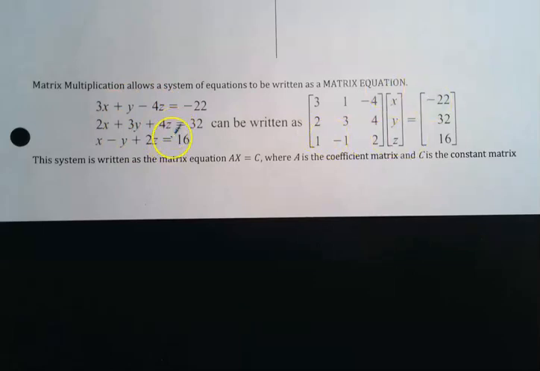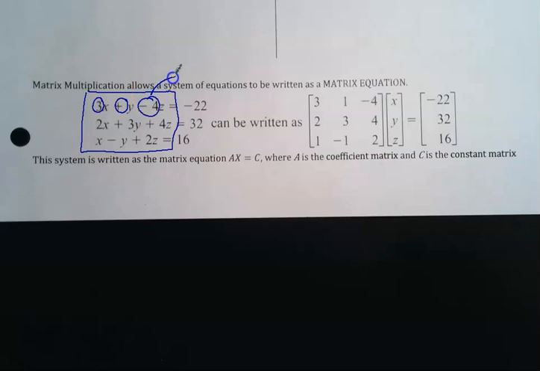All right, so what we're looking at here is that we're taking this first part, we're taking the coefficients out of here, the numbers, right? The coefficient is the number that's with the variable. So the 3, a positive 1, a negative 4. We're taking those out and putting them over here in the matrix for each of these.